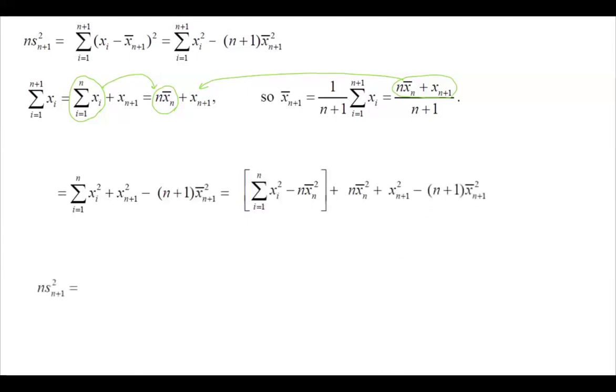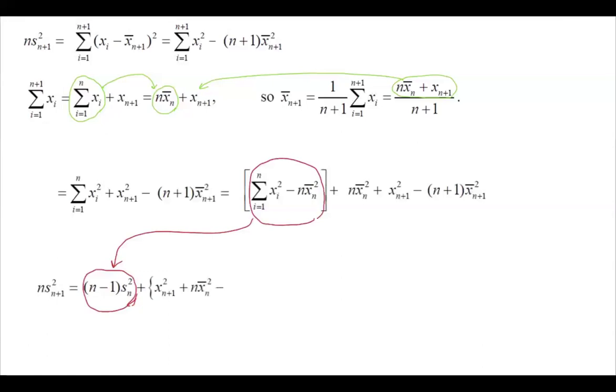And now you can write n times the variance to the second power as n minus 1 times the variance of n observations, basically the definition here, plus the rest of the terms, which is xn plus 1 squared plus n xn bar to the second minus n plus 1 times xn plus 1 bar to the second power, term by term.